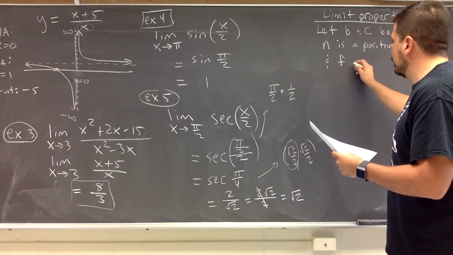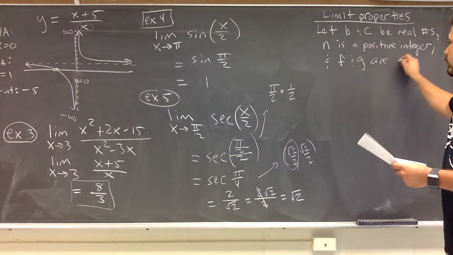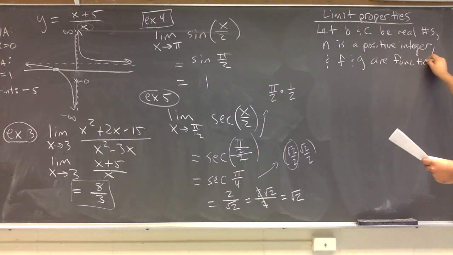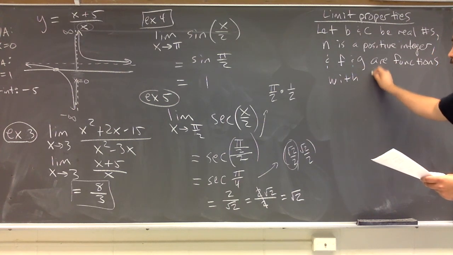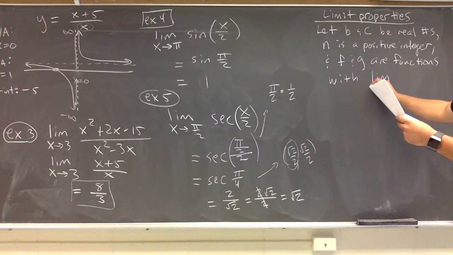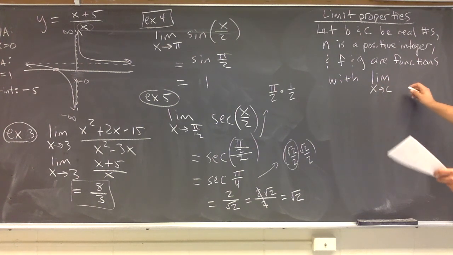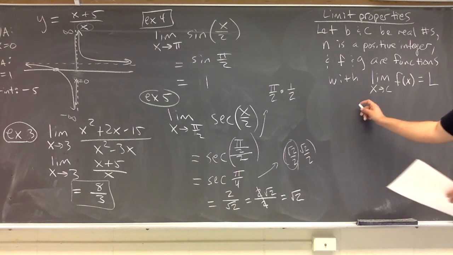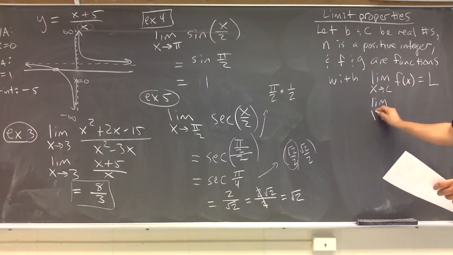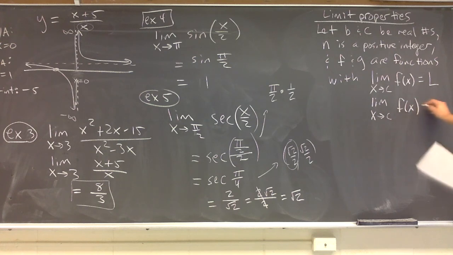And f and g are functions with the limit as x approaches C of f, let's just call that L, and the limit as x approaches C of g of x will be K.